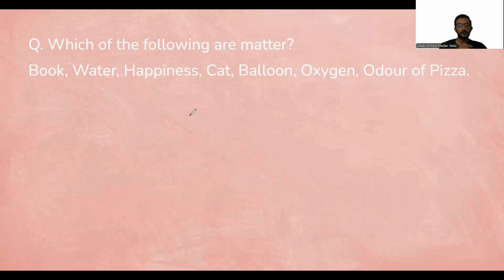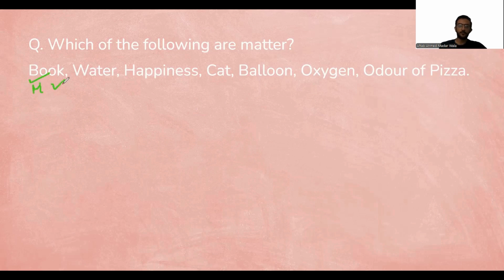Now let's take each of these given substances one by one and see whether they have some mass or not, or whether they occupy some amount of space or not, based on which we will classify them into matter or non-matter. Starting with book. Does book have some amount of mass? Well, yes, book has some amount of mass.